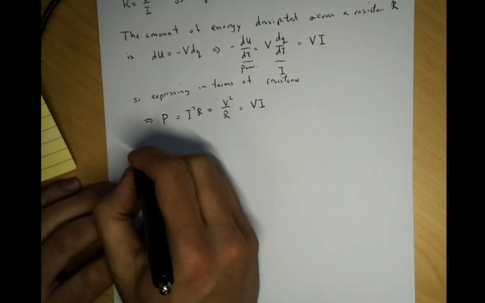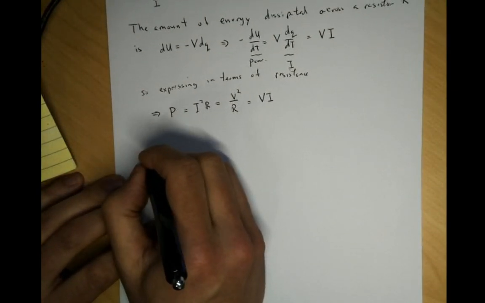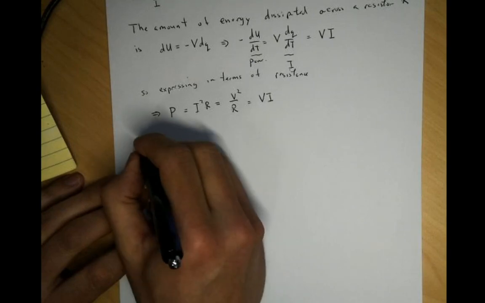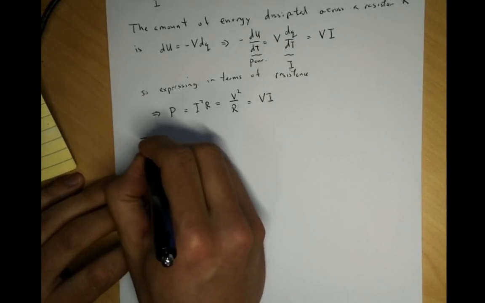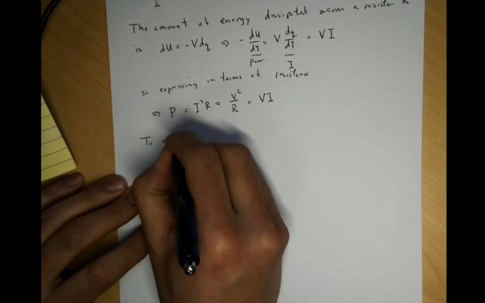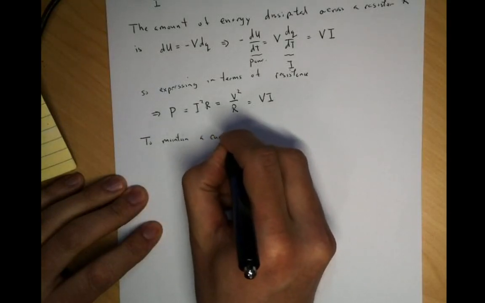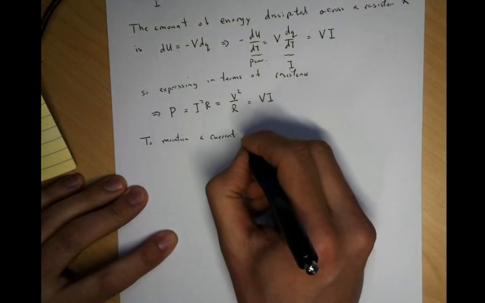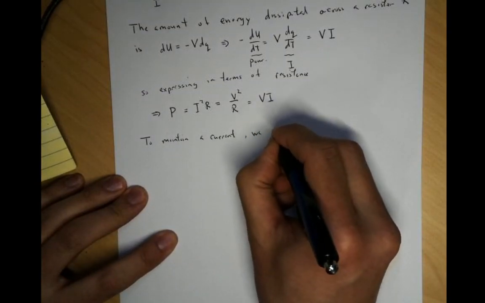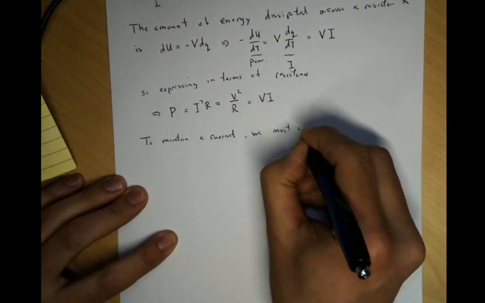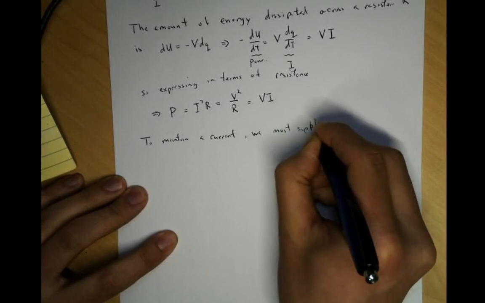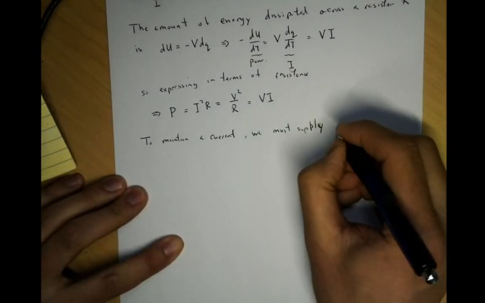Okay, so to maintain a current, we must apply an electric field, as we said earlier, but what that really means is we must apply a source of voltage.